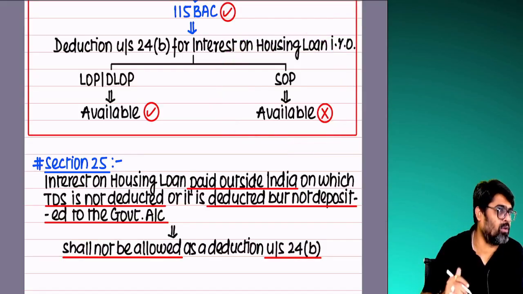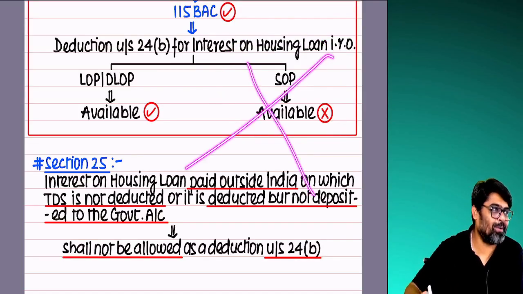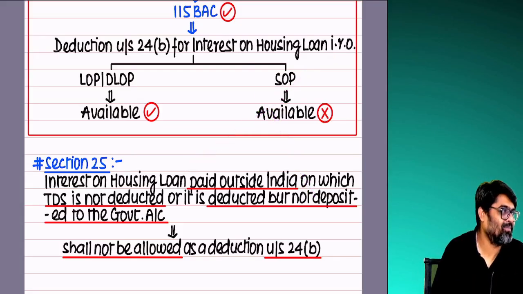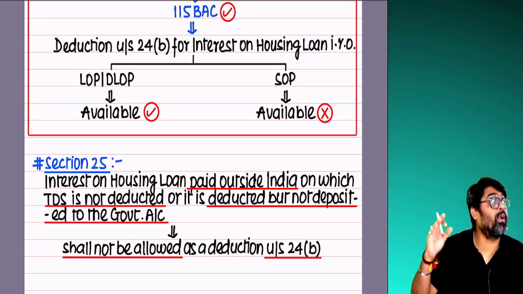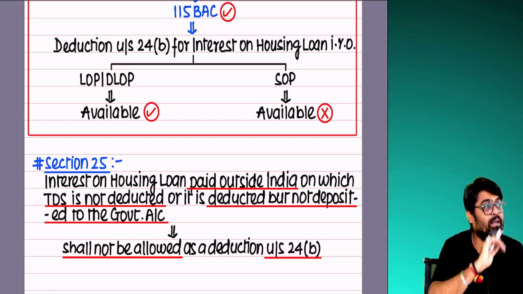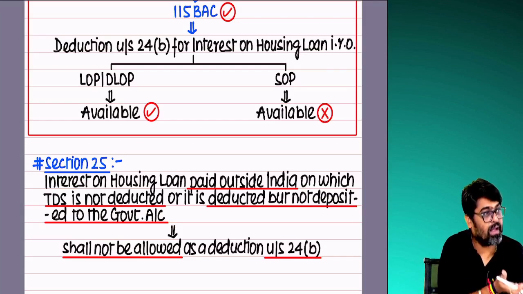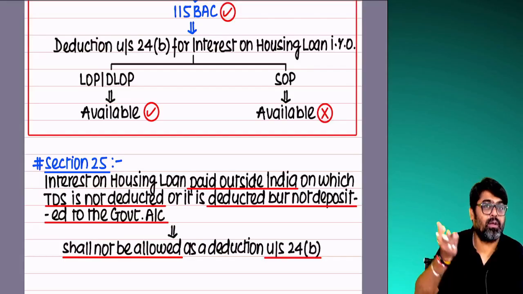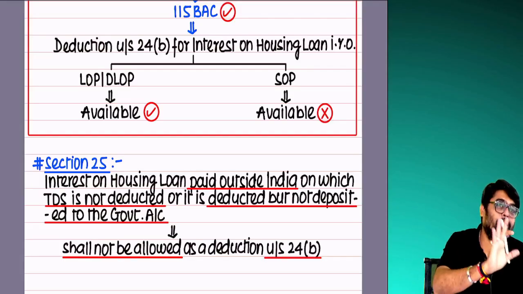Up to 30,000 which you can claim, will not be allowed. So now in the question you will have to be a little bit careful. If they have told you that property is SOP, and the assessee is following default tax regime, will you calculate interest? Even if you calculate, it is not allowed.